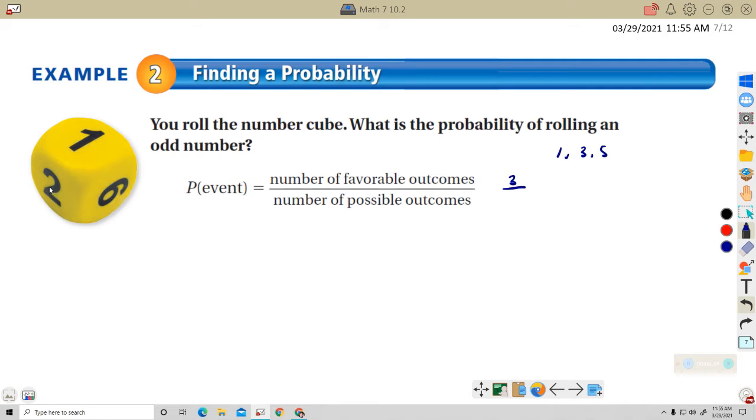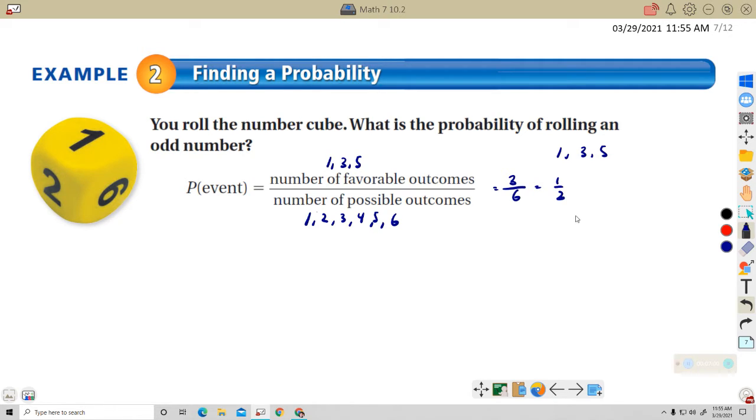And the possible outcomes would be 1, 2, 3, 4, 5, and 6. Right? So 6. Let me write these over here. These are the favorable: 1, 3, that's 3. And the possible: 1, 2, 3, 4, 5, and 6. So there's 6. And that reduces to 1/2.